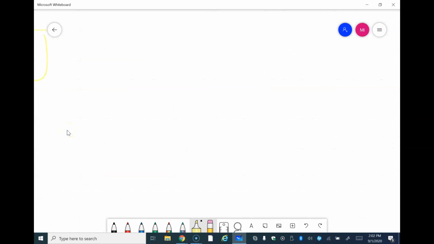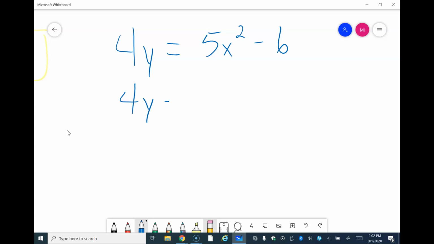Let's try the y-axis. Let's put my equation back. So 4y equals, this time the negative will be to my x now. So 5 negative x squared minus 6.